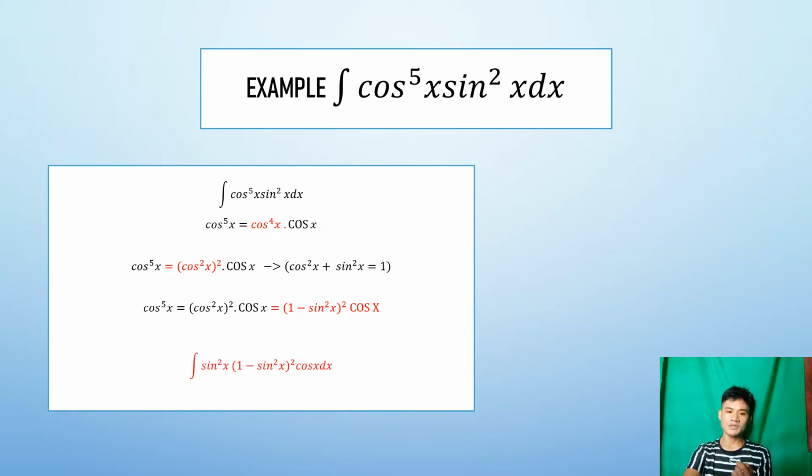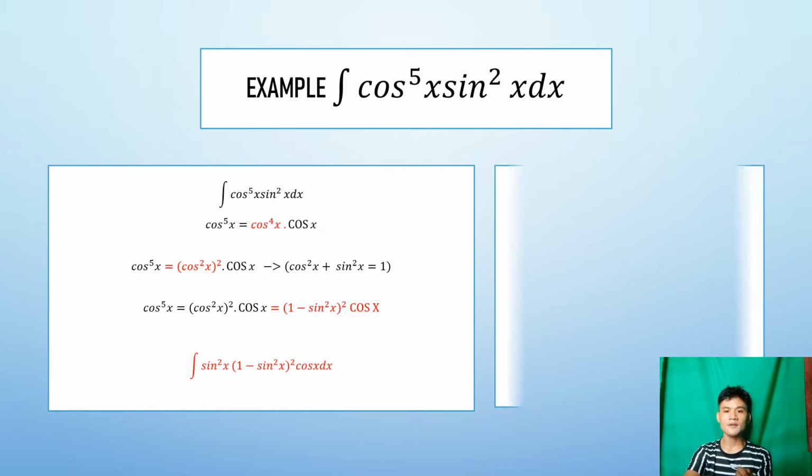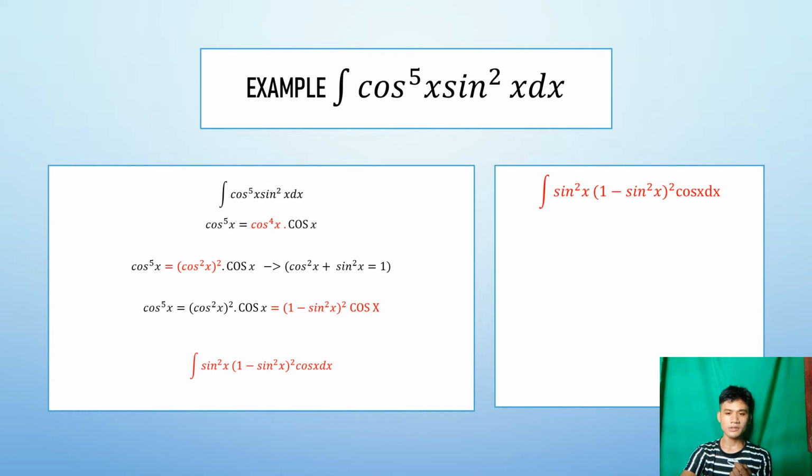And just combine it with sine squared x, the remaining given. So we have this new form of the given, which is the integral of sine squared x, the quantity of 1 minus sine squared x, squared, cosine x dx. From that, we are now able to integrate the given function.